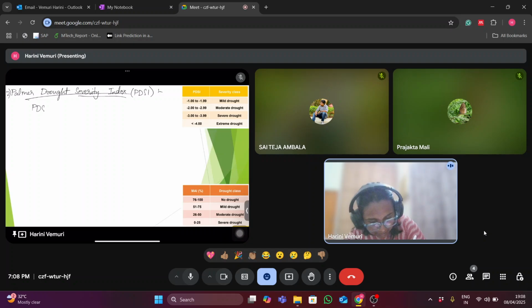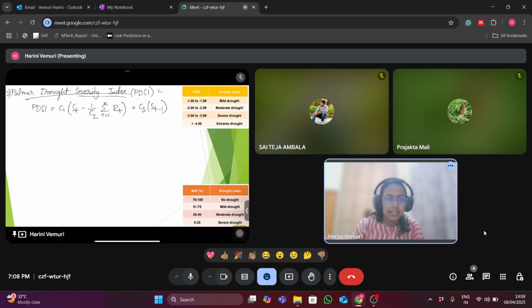PDSI is calculated using the formula C1 into ST minus 1 by C2 into sigma of T equal to 1 to N RT plus C3 into ST minus 1. ST is the current moisture supply, RT is the runoff, and ST minus 1 is the previous time step moisture supply.